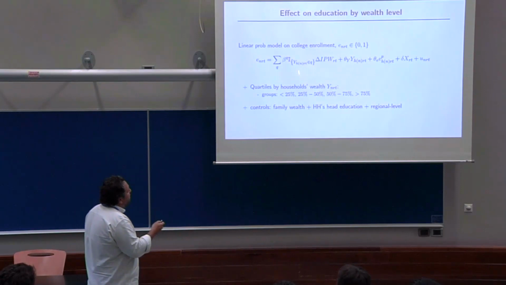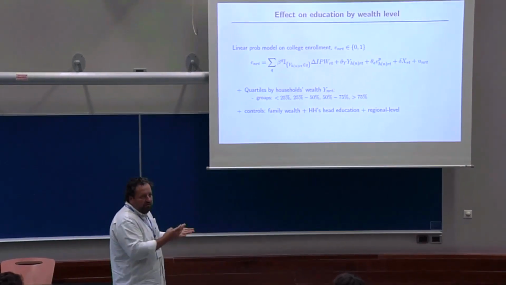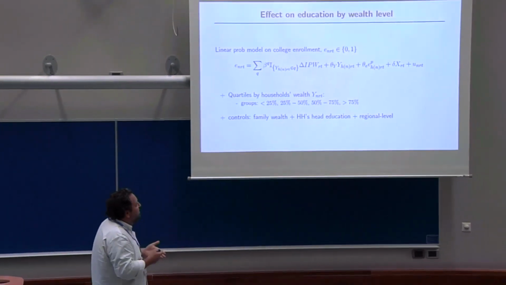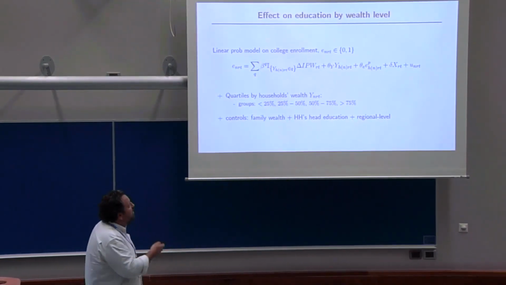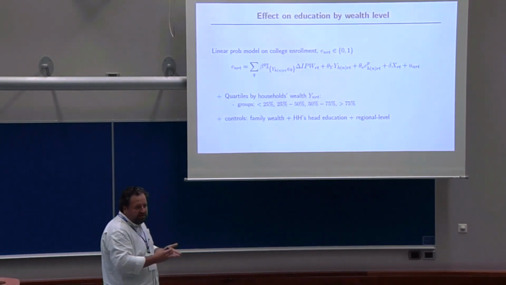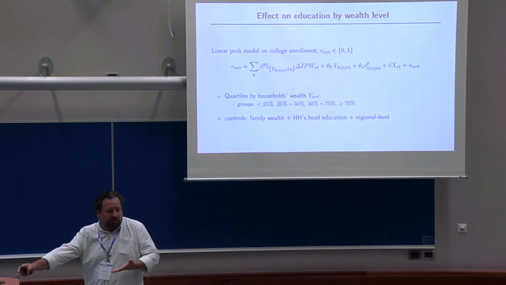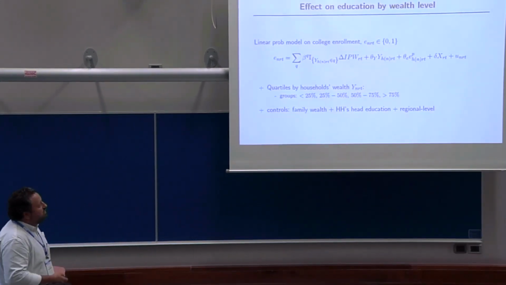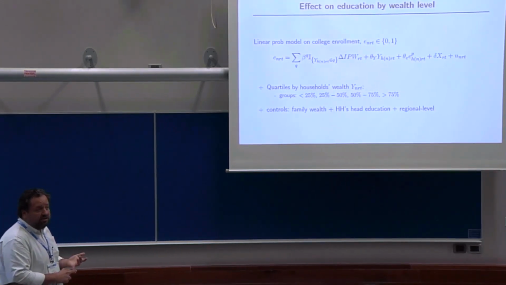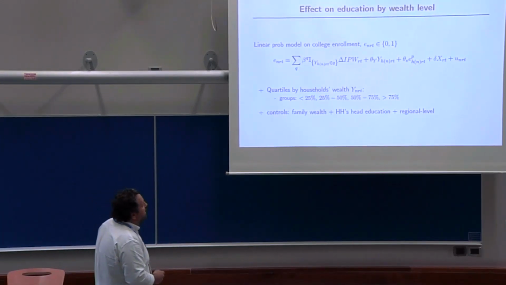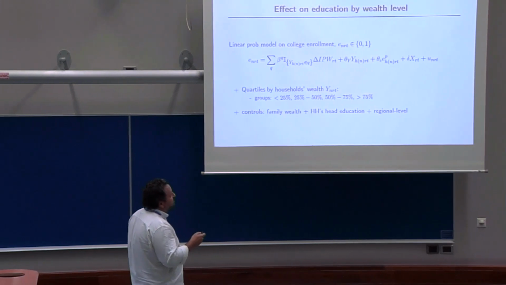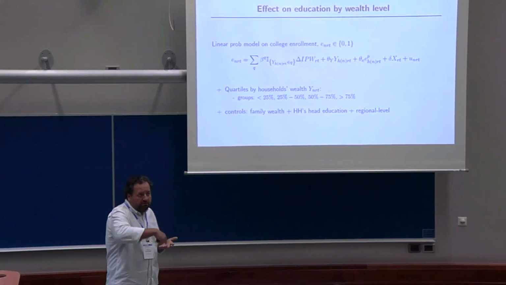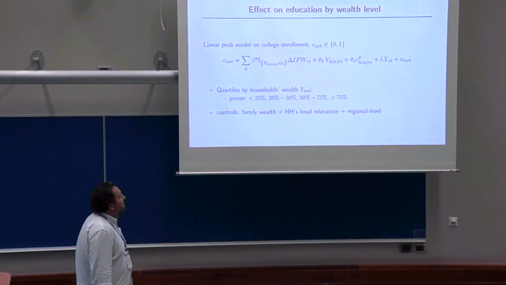We're not only going to estimate this for everyone. We're going to take into account heterogeneity in wealth, and we're going to do that by looking at a spline across the different wealth quartiles. And we're going to control for a bunch of things, including parents' education and, at the regional level, the income effect of the parents and of the region as well.